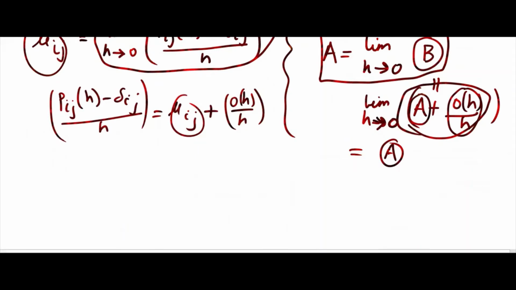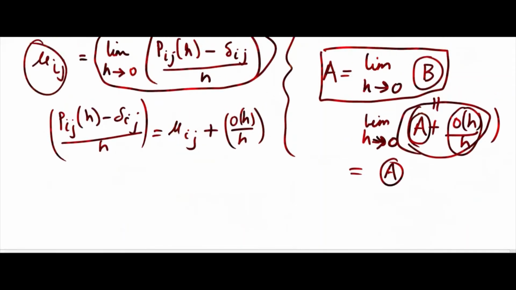We are doing the reverse process actually here. Now this we know, then we cross multiply. Pij minus delta ij should be equal to h mu ij plus order of h.